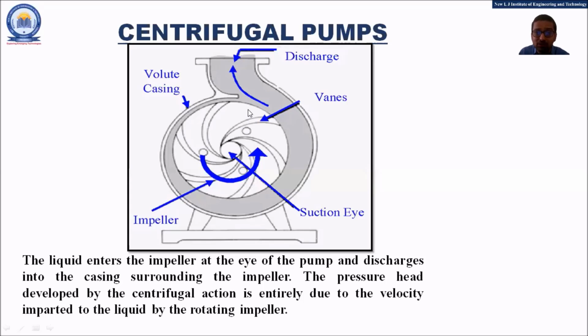And at the outlet, when there is the maximum area of the casing, there is the minimum kinetic energy of the liquid and maximum pressure energy of the liquid. Hence, this type of centrifugal pump is used for lifting liquids to higher heights.